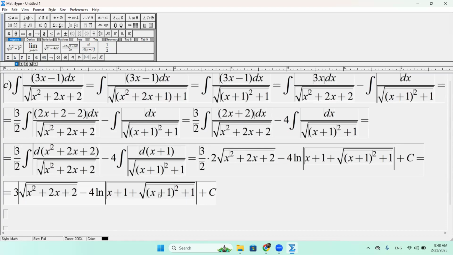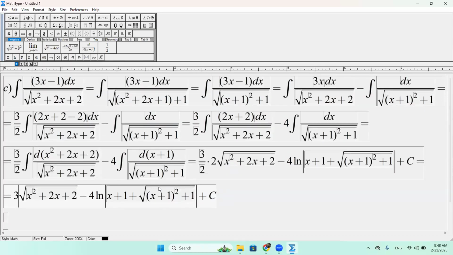How this logarithm appeared? So basically this is the table integral. No questions. So here we use the combination of perfect square and differential entry technique. Understood.